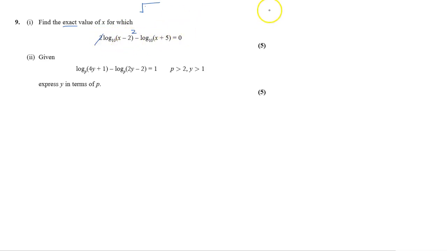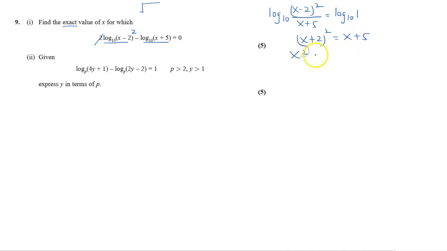This is a minus, so it can be written as log 10 (x minus 2) squared divided by (x plus 5), because log a minus log b is log a over b, is equal to log 10 of 1, which is 0. So we remove the log, take the anti-log. So now we have (x plus 2) squared is equal to x plus 5.